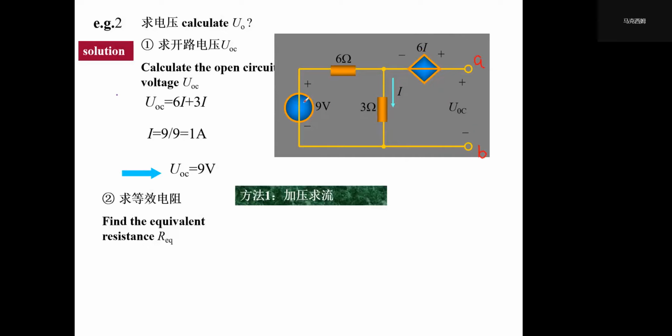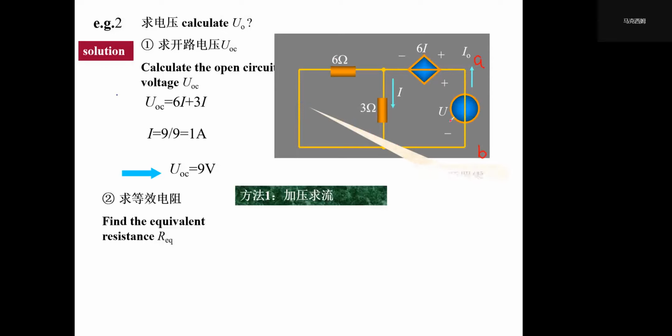We call this operation zeroing. We zero this voltage source, so we just short circuit it, and we put an extra voltage source here, so we can calculate the corresponding current. Then we can calculate the corresponding equivalent resistance.